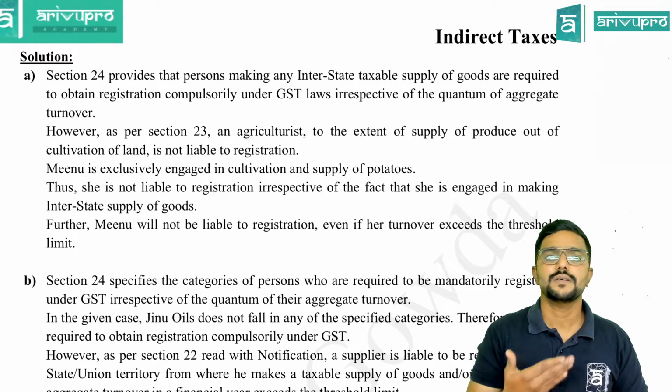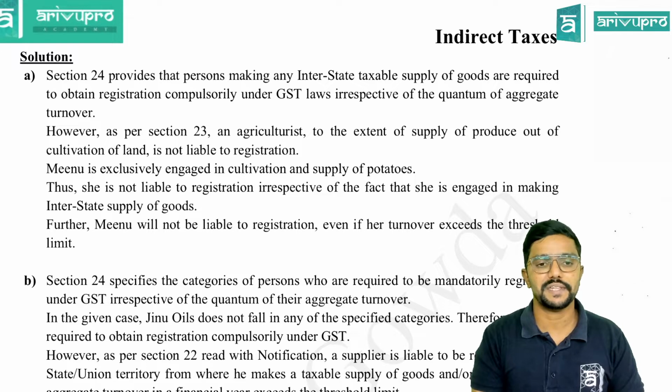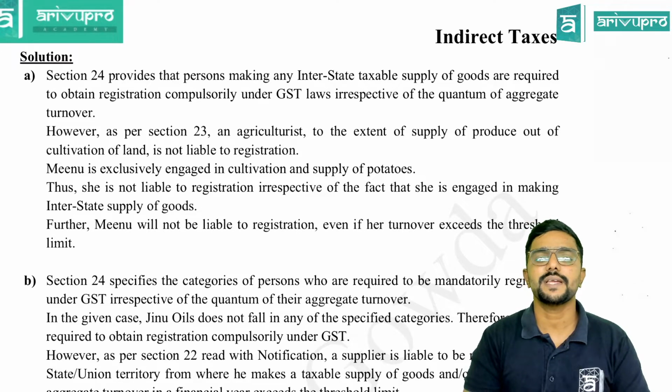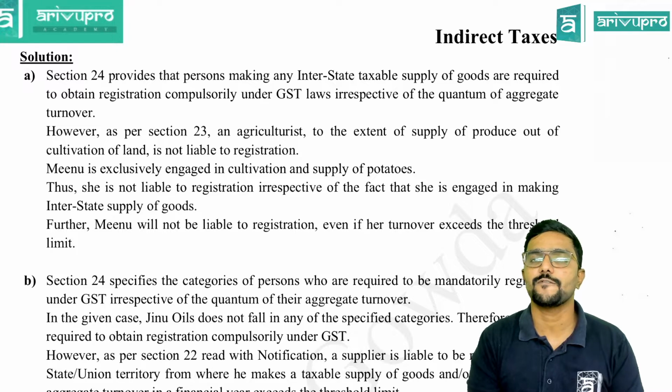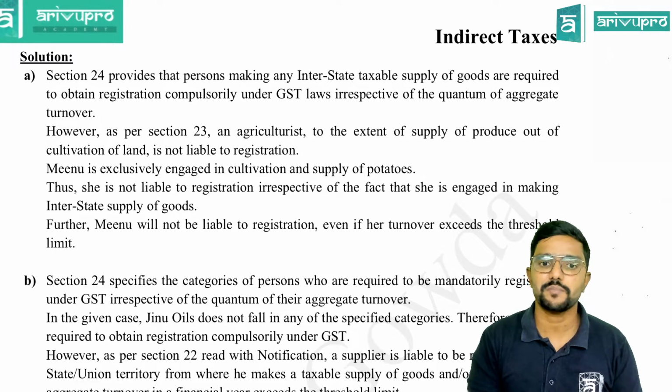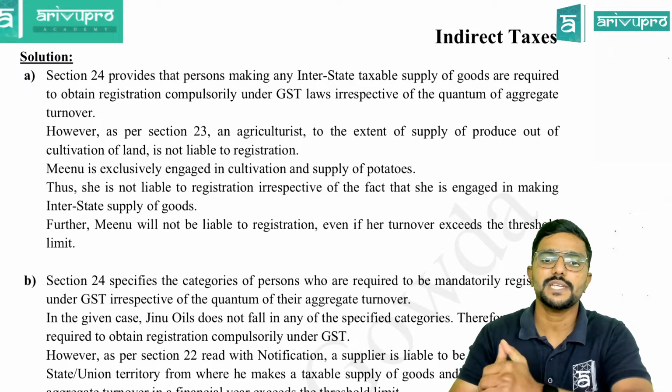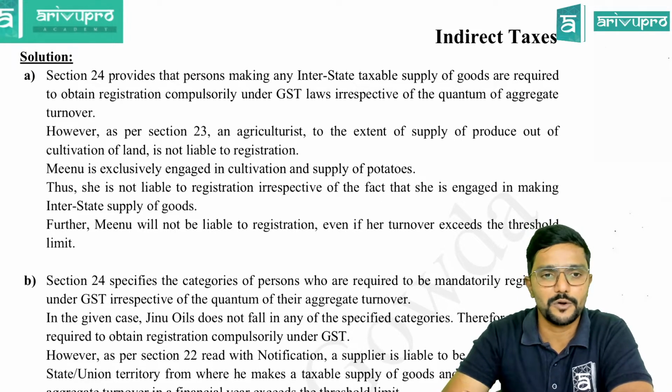Produce out of cultivation of land, which is exempt as per section 23. Section 24 provides that a person making any interstate taxable supply of goods is required to obtain registration compulsorily under GST laws, irrespective of quantum of aggregate turnover.